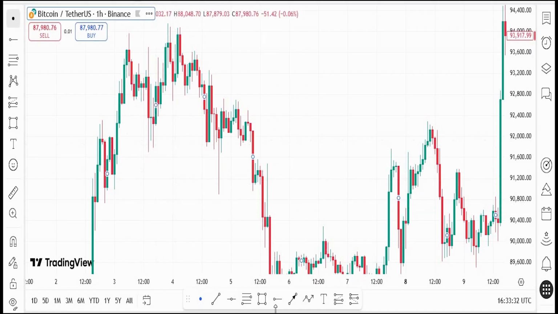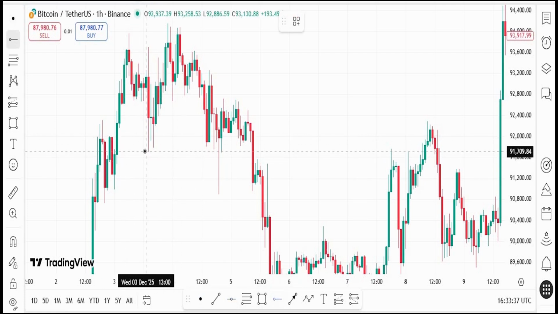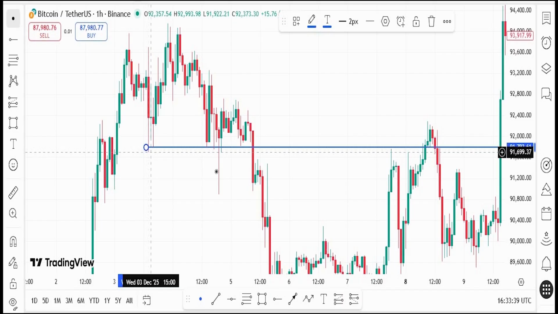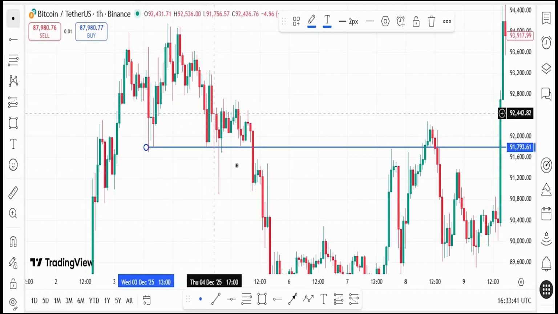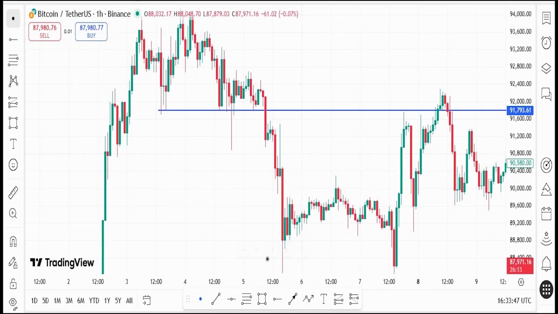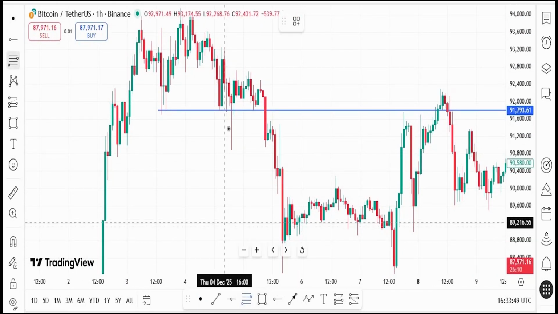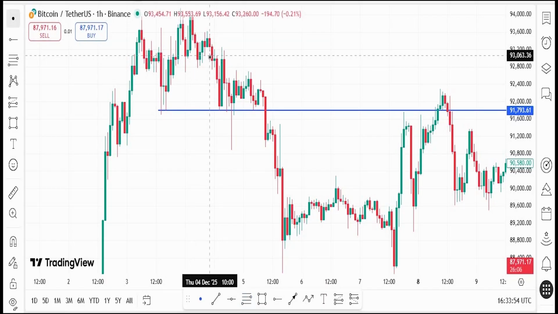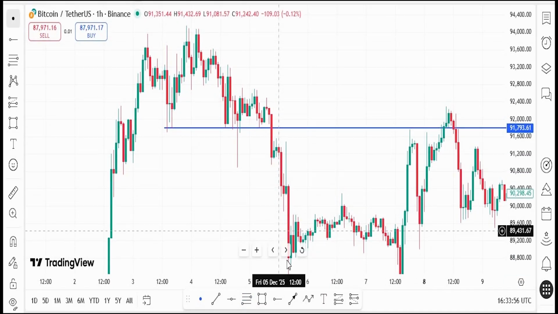The change of character has happened at this point, which we could also call break of structure. The market broke it to the downside, and then we would have to measure this whole move. Give me a minute.